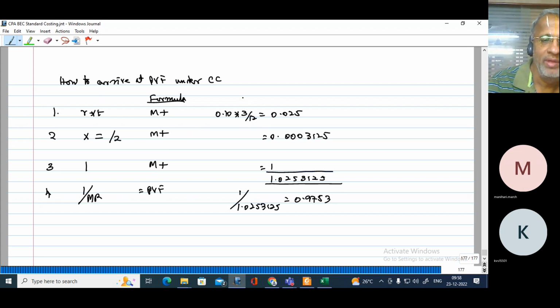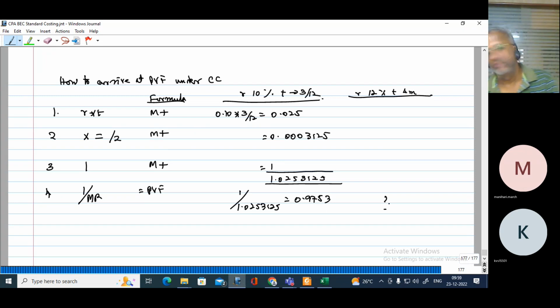This is where R is 10% and T is 3 by 12. If R is 12% and T is 4 months, can you get me the number here, please?